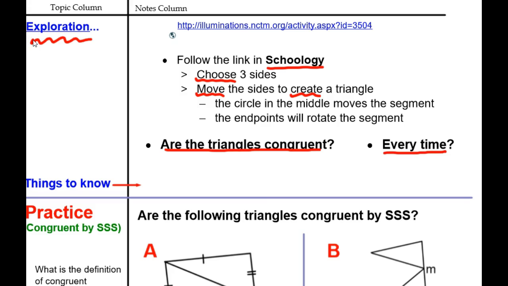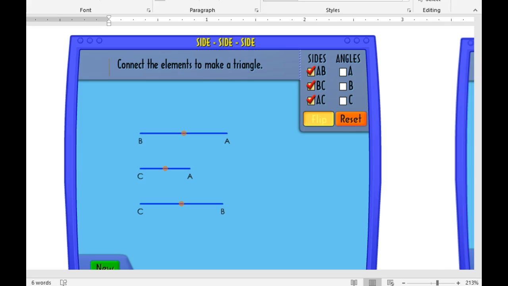All right, pause your video, go to Schoology, click on the link, get organized. If you got to the website, notice that I have clicked the 3 sides right there, A, B, B, C, A, C. It will give you 3 sides. You're going to take those 3 sides and rearrange them. You want to make sure that you connect the vertices that are the same, so A goes with A, B goes with B, C goes with C. The circle in the middle helps move the segment.